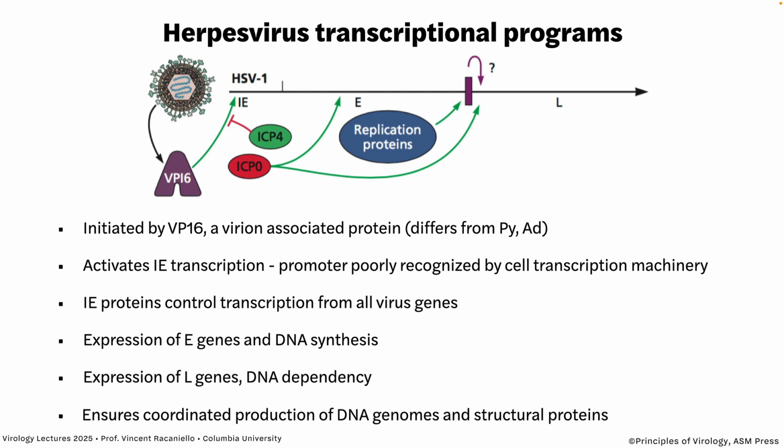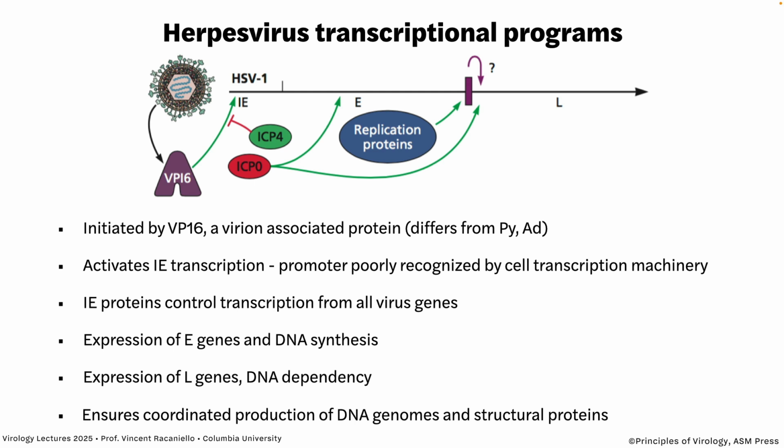Okay, one more example, herpesvirus, to make it even more complicated, but this introduces an interesting twist. So we have immediate early, early, and late genes, just like adenovirus. The difference is the immediate early promoter cannot be recognized by the cell transcriptional apparatus. It can be by adenovirus. So the adenovirus immediate early promoter can be recognized by cellular proteins, but the herpesvirus immediate early promoter cannot.